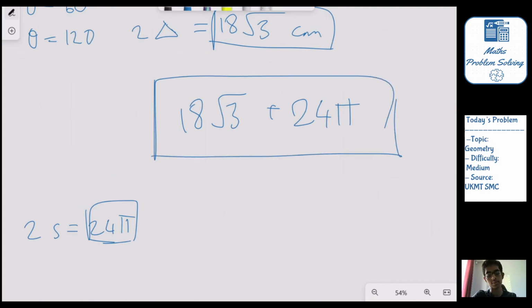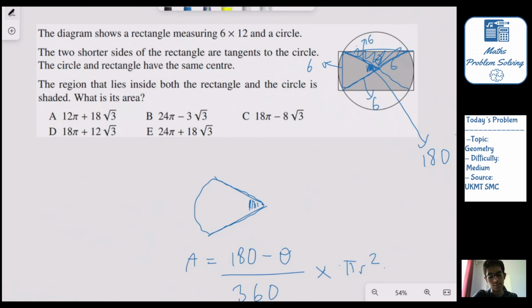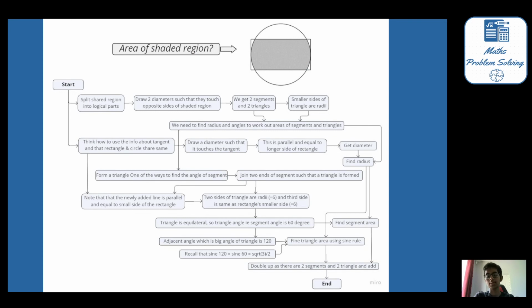Let's just see which one it reconciles with. 18 root 3 plus 24 pi, which is basically answer E, which is our answer. Let's just go back to the flowchart and see the steps which we did to work this out. So we basically split this up into two logical parts, and we had to work out the area of both of them. One of them was a sector, one of them was a triangle. Let's just go through how we did the triangle. So we know that the angle between the two radii was 120.